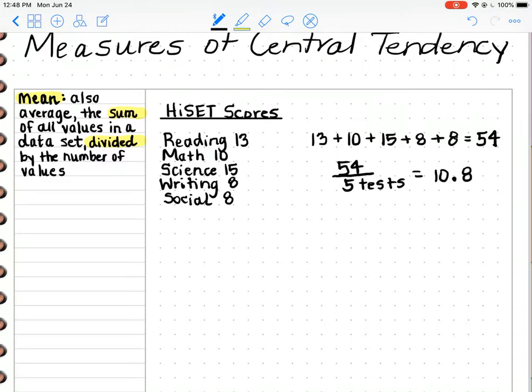And you may be thinking, well, there's no way you can score a 10.8 on the HiSET. And that's true. Your scores on that test are always whole numbers. But the mean for this data set, the average for this set of data, is 10.8. So if you were asked to find the mean, you would say that the mean is 10 8/10.